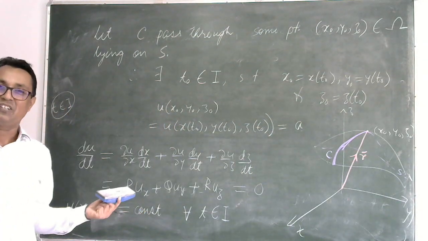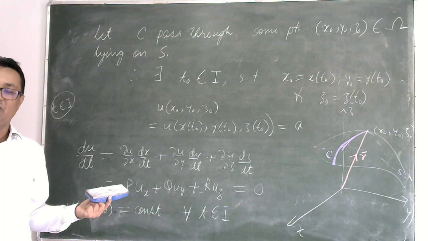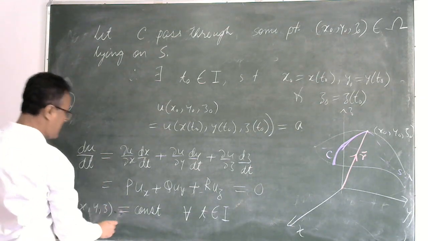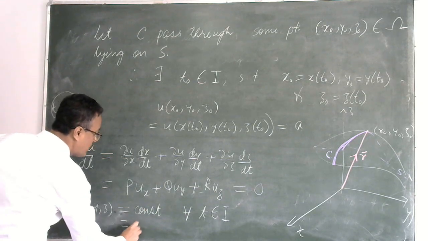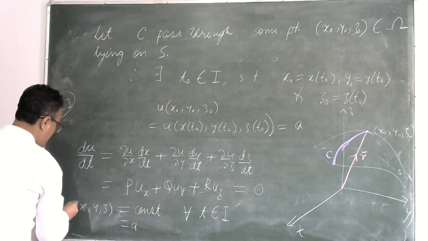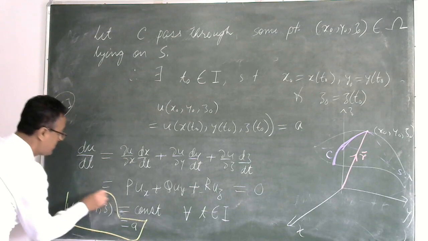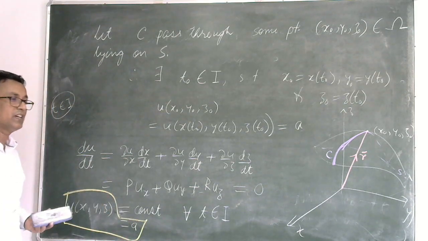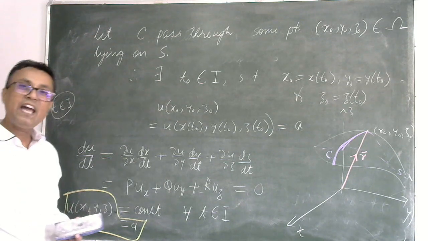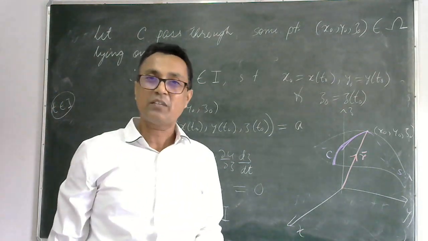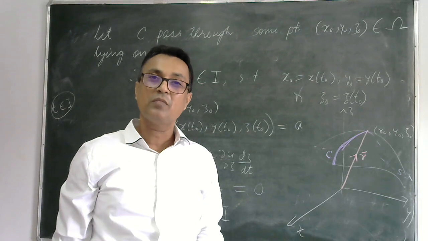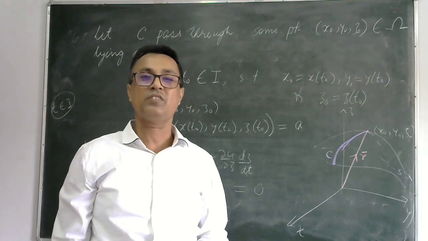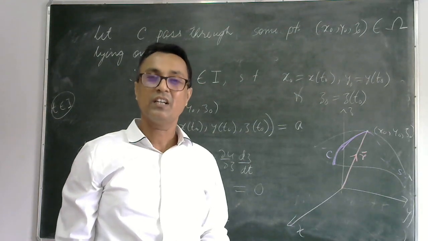Are you getting my point? Therefore this must be equal to a. Now u(x, y, z) equals a for the entire curve C, so the curve C must lie on the surface S because it is satisfying the equation of the surface. Is it okay?